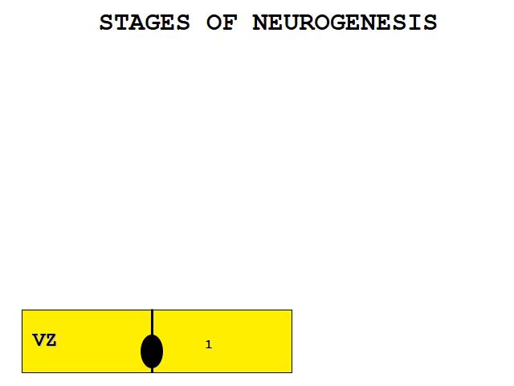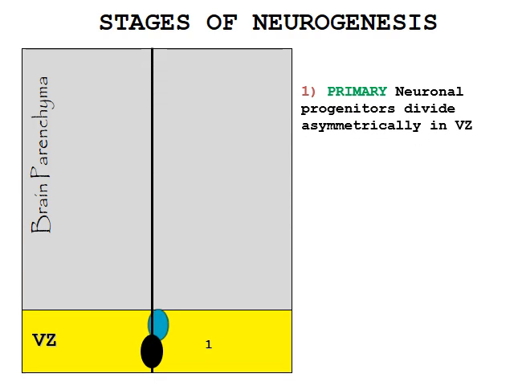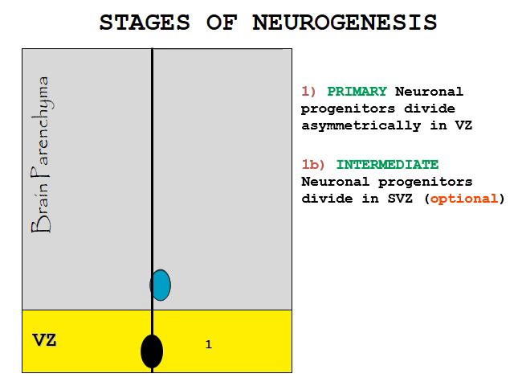At the onset of neurogenesis, neural stem cells begin to divide asymmetrically, giving rise to daughter cells that leave the ventricular zone. These cells may also eventually divide again a few times before terminal differentiation, and in such case they are referred to as intermediate progenitors, and these cells usually divide in a specific layer that is called the subventricular zone.